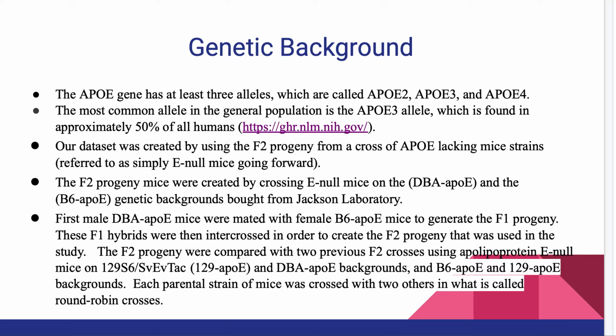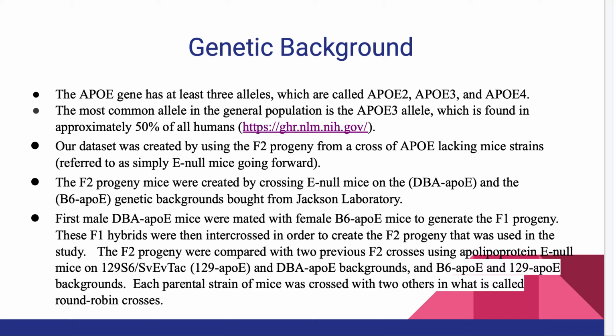This is done by first creating male DBA ApoE mice, mating them with female B6 ApoE mice, and generating their F1 progeny. Those F1 hybrids are then intercrossed in order to create the F2 progeny, which were used in the study.